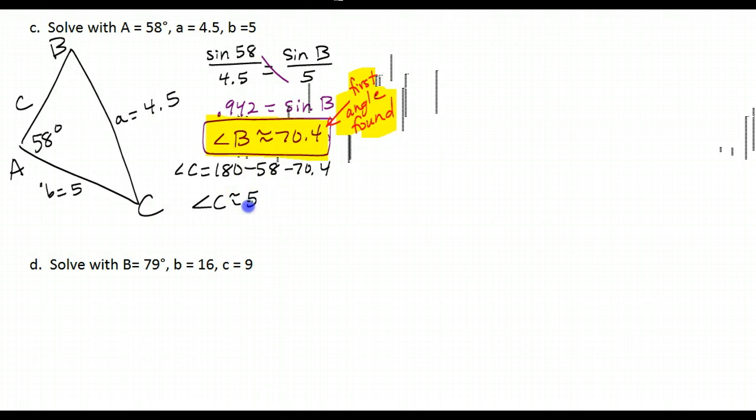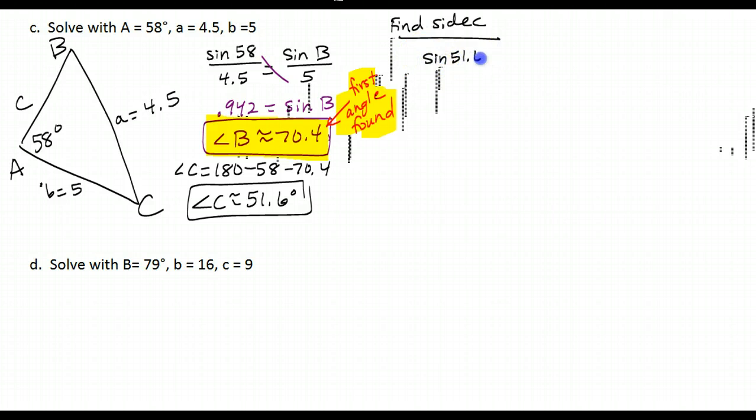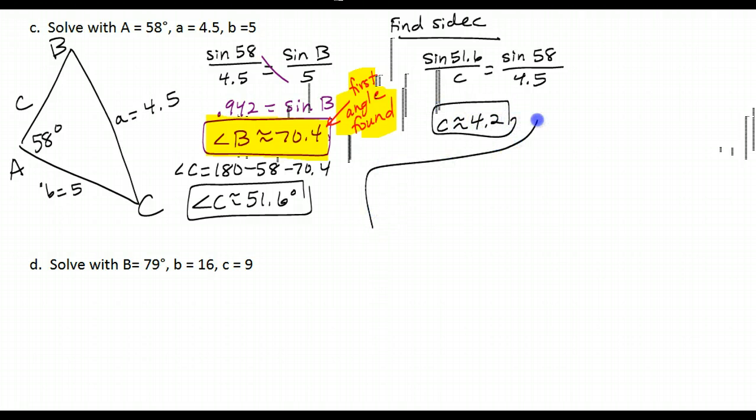Angle C is approximately 51.6 degrees then. And I'm going to find side C next. So sine of 51.6 divided by side C equals sine of 58 divided by 4.5. Go ahead and cross multiply and solve, and you should get approximately 4.2.